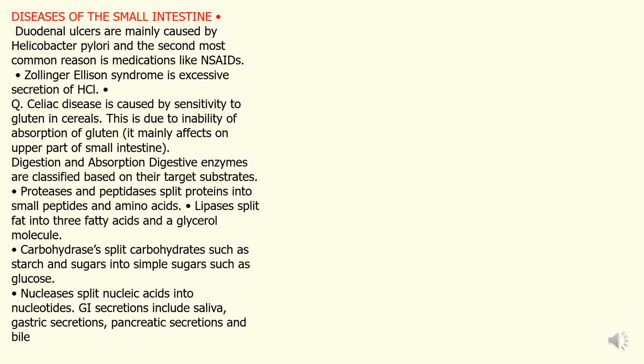Carbohydrases split carbohydrates such as starch and sugars into simpler sugars such as glucose. Nucleases split nucleic acids into nucleotides. GI secretions include saliva, gastric secretions, pancreatic secretions, and bile.